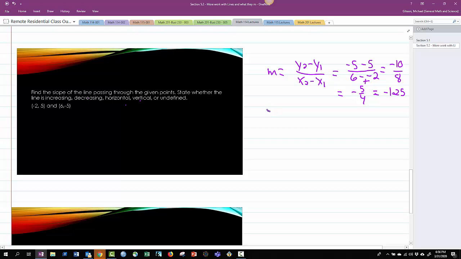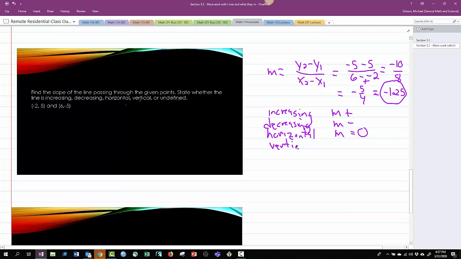Well, here's what we get. A line is increasing means the slope is positive. Well, that's not what this is. Decreasing means the slope is negative. Yeah, that's this one. This is a decreasing slope. Horizontal, well, I'm sorry, horizontal means when the slope equals 0.